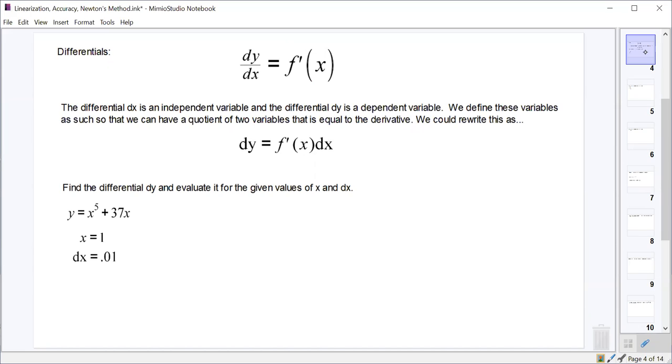We take dx, the independent variable, and our dy, which is our dependent variable, and we just define them as their own specific variables that we can multiply by dx and say that a small change in y, dy, is equal to f prime, the derivative of f, times a small change in x.